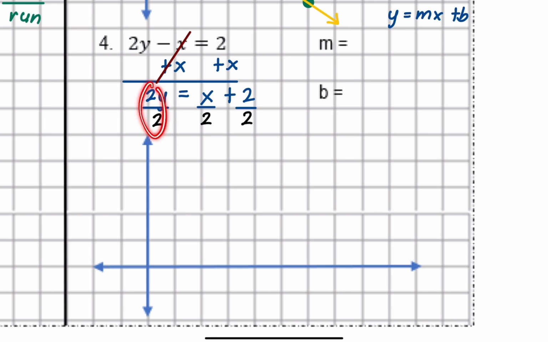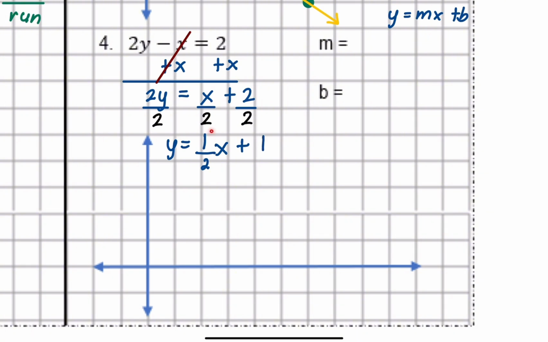So 2 divided by 2 is simply y. 1y is equal to x divided by 2. As you can see here, class, we don't have a number beside x, but if you don't see any number beside x, it's automatically 1. So we have 1 over 2 x plus 2 divided by 2 is 1.